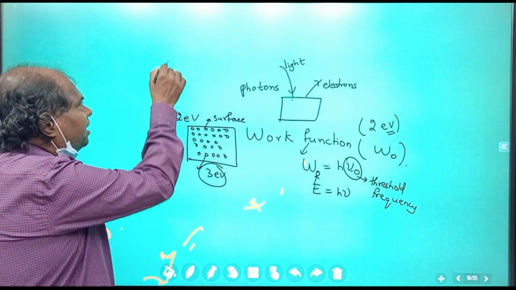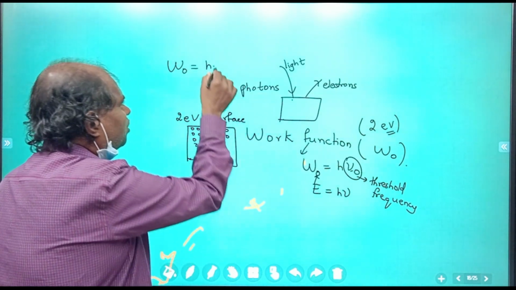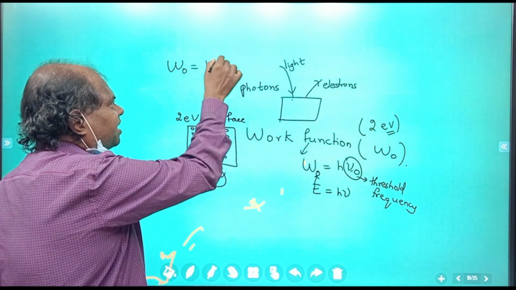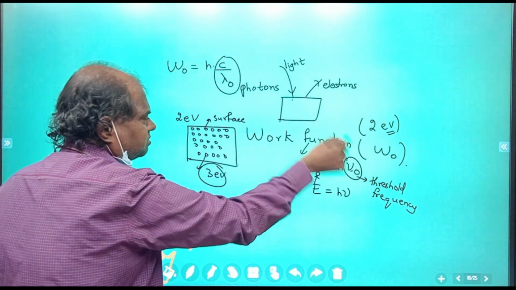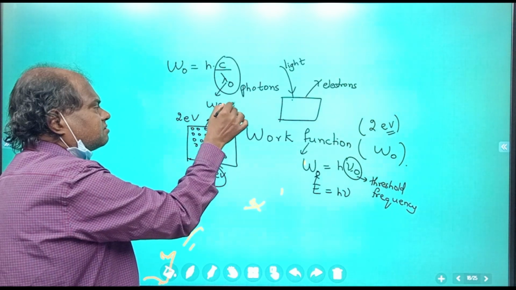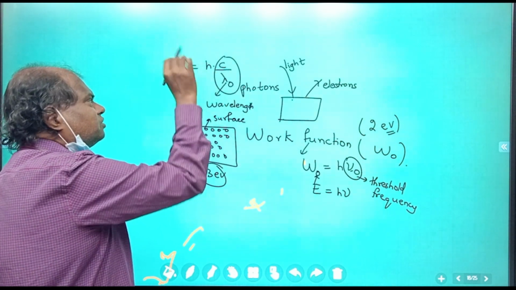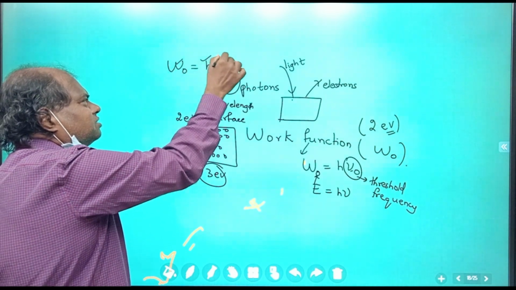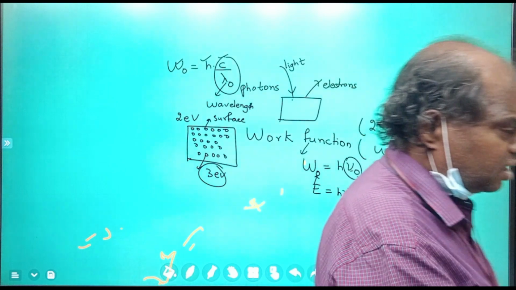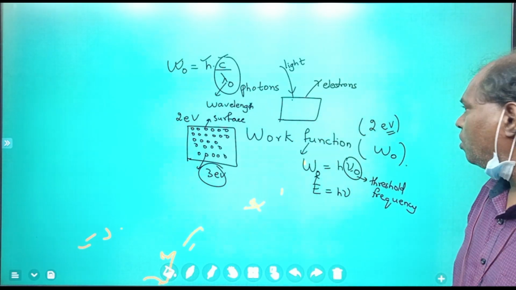Or you can write W naught also as H, what is mu naught? We have done sums on this earlier also. Mu naught you can write as C by lambda naught, where lambda naught is called threshold wavelength. Now here also same logic, they'll give you all these things, they'll ask you to calculate lambda naught. So the sums will come like this, they'll ask you to calculate mu naught or lambda naught.